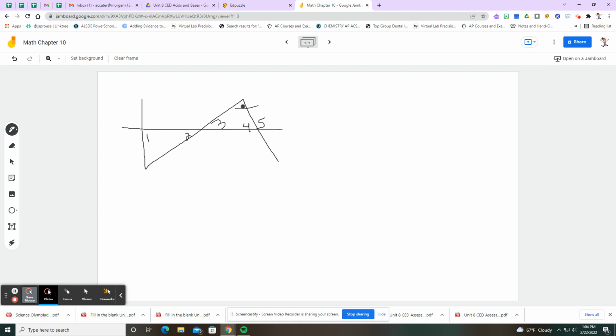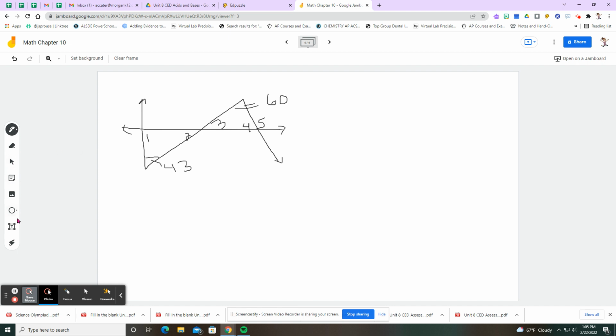And then this is 60, and this is 43. And then we're asked to find angles 1, 2, 3, 4, and 5.